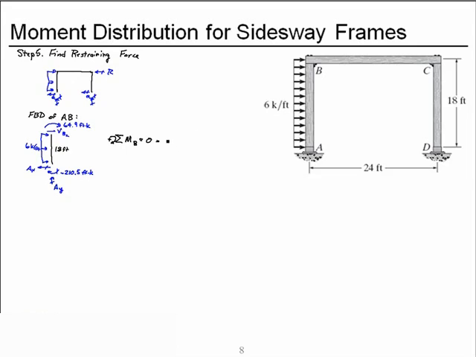I get a positive contribution from the moment at B, a negative contribution from the distributed load, 6 kips per foot times 18 feet gives me the force resultant, and that force resultant acts 18 over 2 feet from node B. We have a positive contribution from AX acting through 18 feet, and we add in the contribution from the reaction at A, but it's a negative quantity.